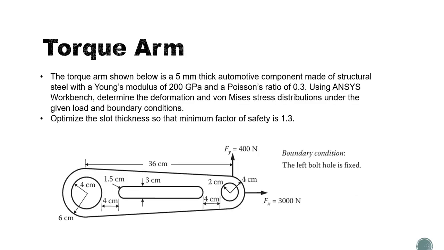Let's look at the design of a torque arm. Here we have the initial dimensions of the torque arm, and it is 5 millimeter thick. The material used has a Young's modulus of 200 gigapascal and a Poisson ratio of 0.3.